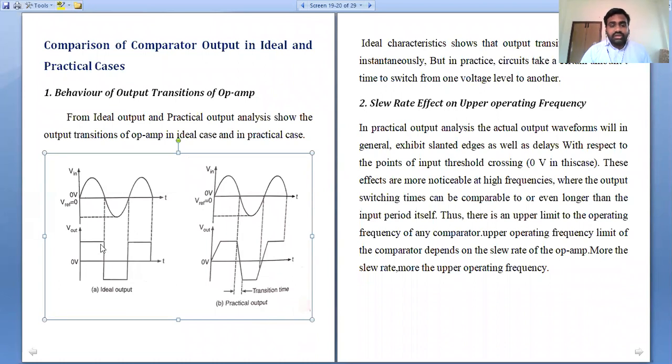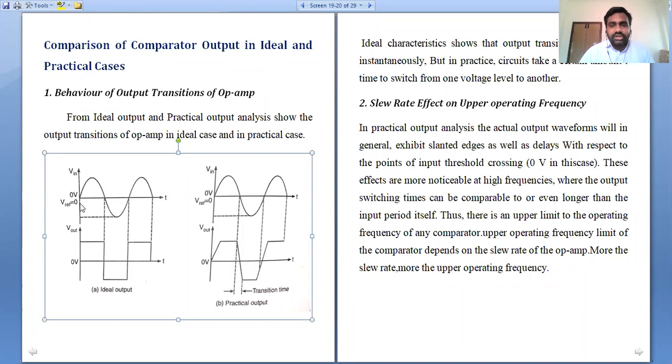When compared to the ideal condition and the practical output, the input is the same: the same instantaneous sinusoidal, time varying signal, and the reference voltage is 0 here and 0 here. The input behavior is the same, but the behavior of the output is quite different when compared to the ideal case.